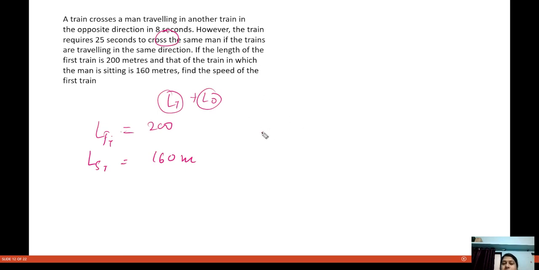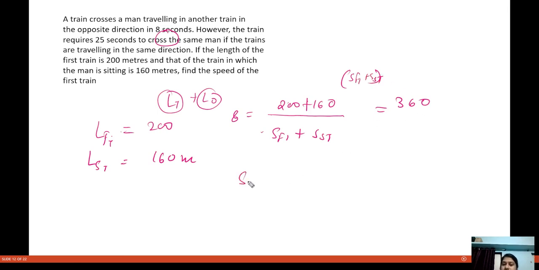So that means the speed of the first train plus the speed of the second train is equal to 200 plus 160, so 360, divided by 8.